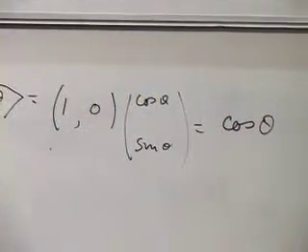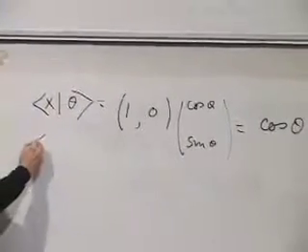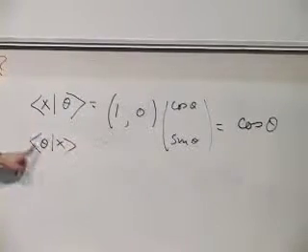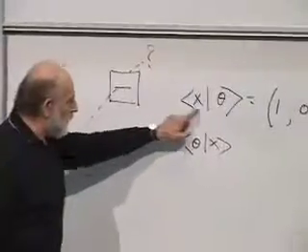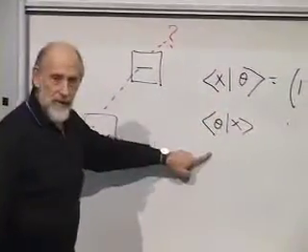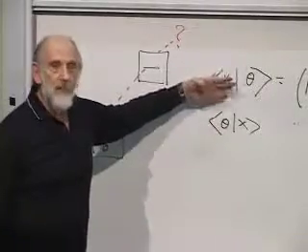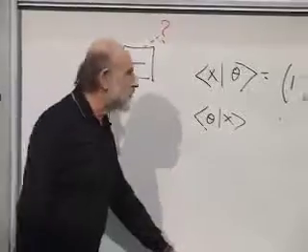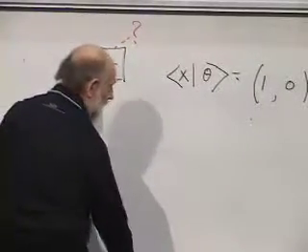Incidentally, notice that it doesn't matter whether you take x theta or theta x. The reason is that although in general these objects are complex and different from each other, they're complex conjugates of each other. When you square them, or multiply by the complex conjugate, it doesn't matter which order you put them in. In this case especially, where everything's real, it certainly doesn't matter.